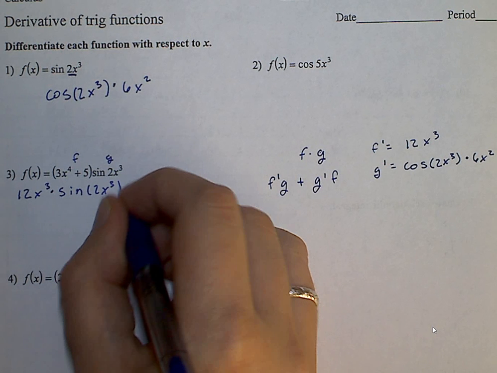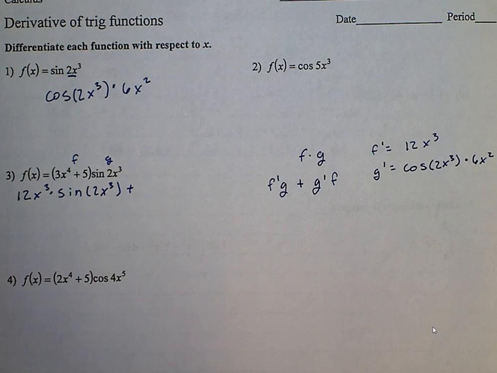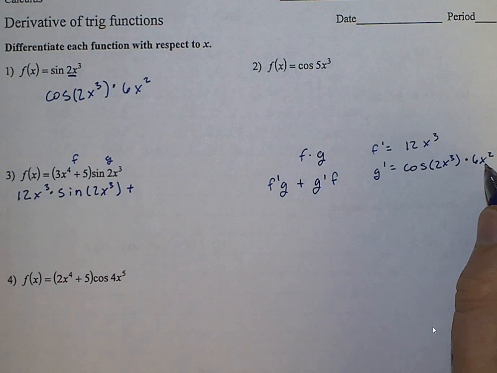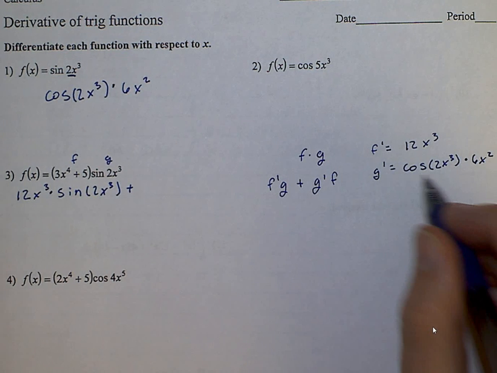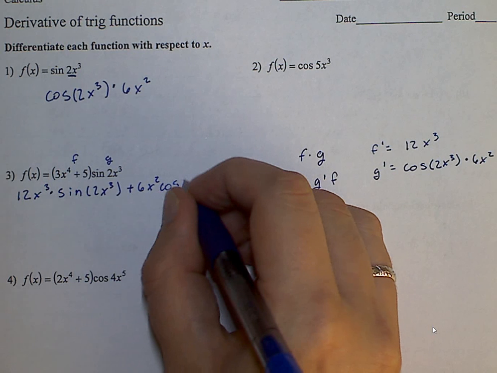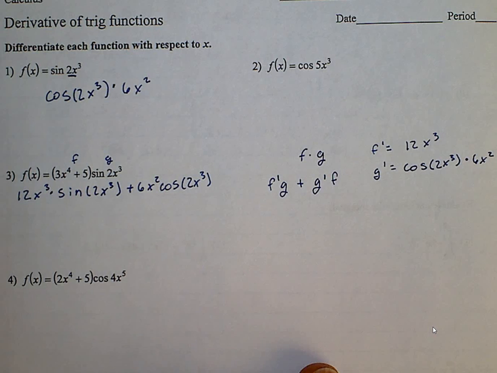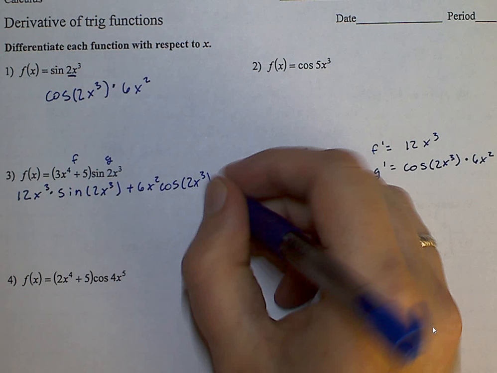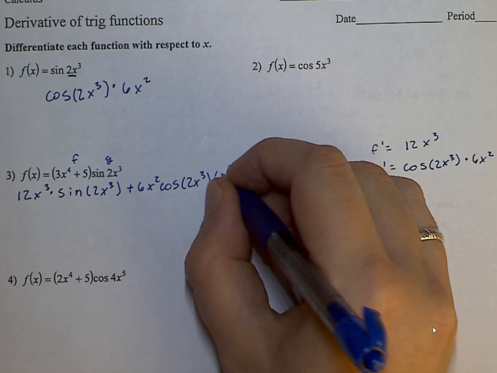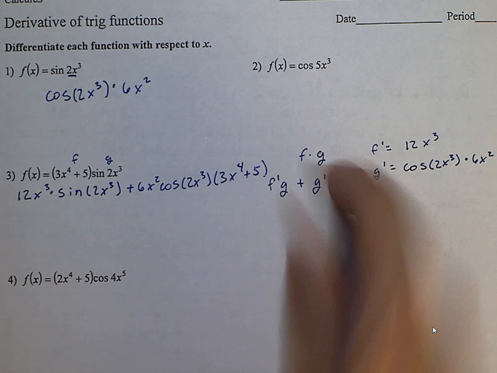All right, I'm halfway there, plus g prime, and I'm just going to move that 6x squared to the front just because it makes me understand it better. 6x squared times cosine, parentheses, 2x cubed. So g prime times f, and f is in parentheses 3x to the fourth plus 5, close parentheses.